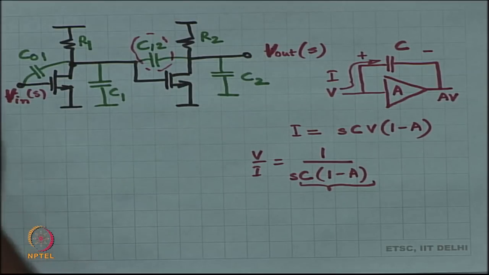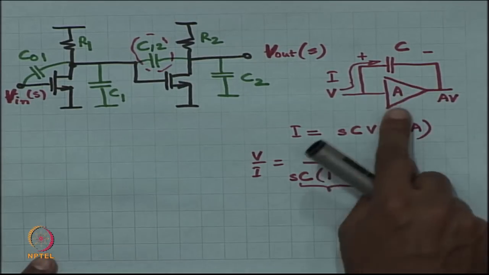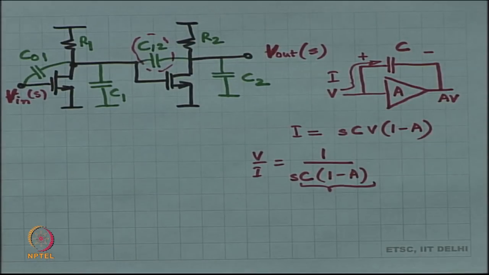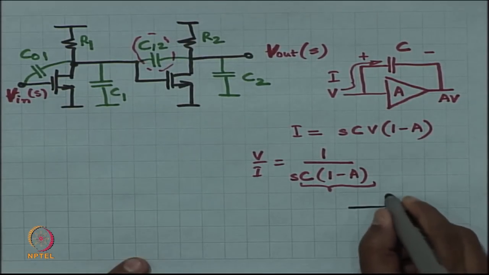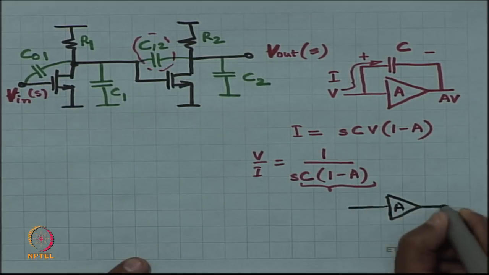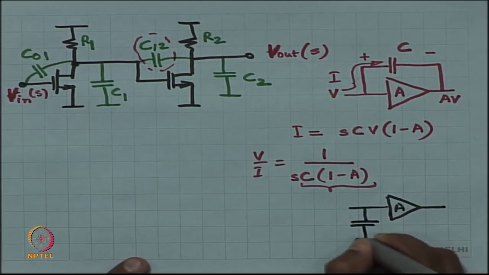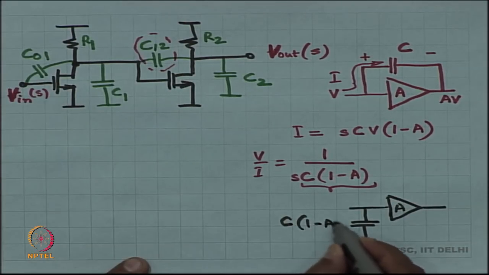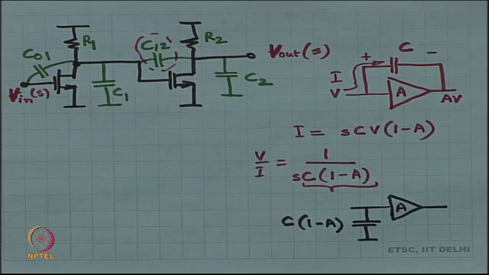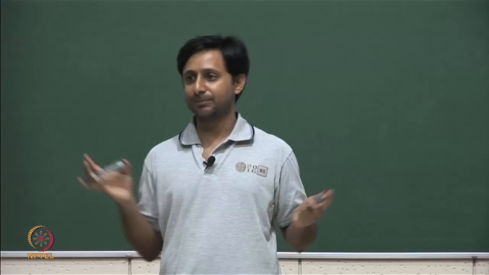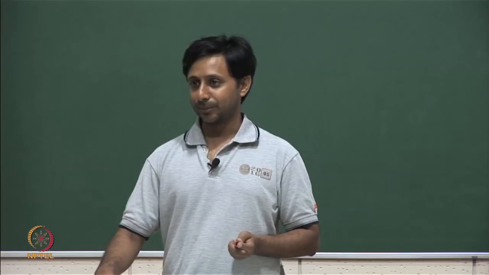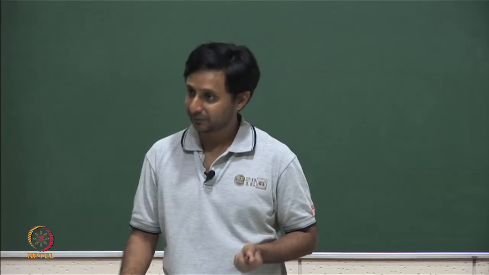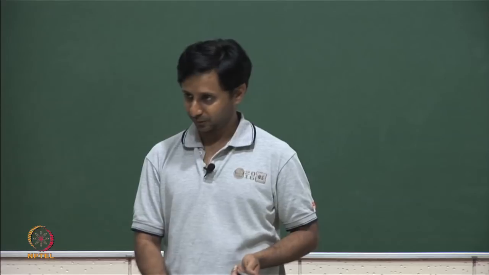So, Miller's theorem said that instead of looking at this like an amplifier and a capacitor in shunt, we can maybe look at it as just an amplifier and a capacitor to ground of value C times (1 minus A). Okay, this was Miller's theorem. However, this is not really a theorem, or you can still call it a theorem, but beware that whenever you are going to apply this theorem, you are going to make mistakes. Okay, there is nothing wrong about this so far.